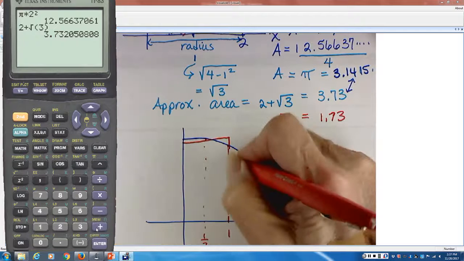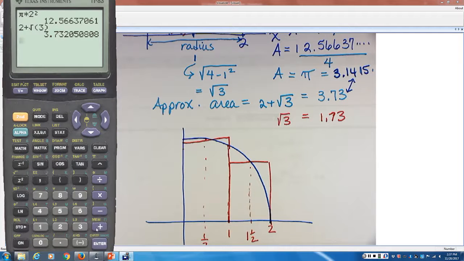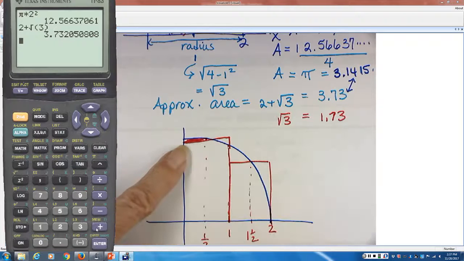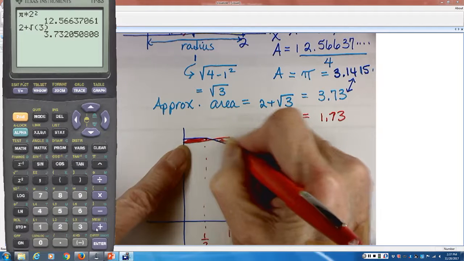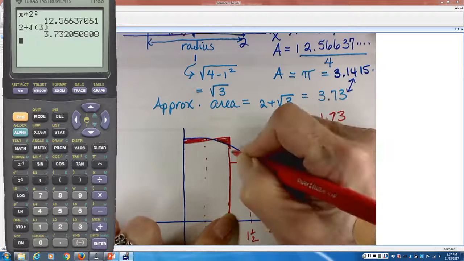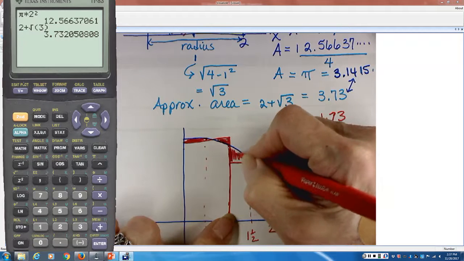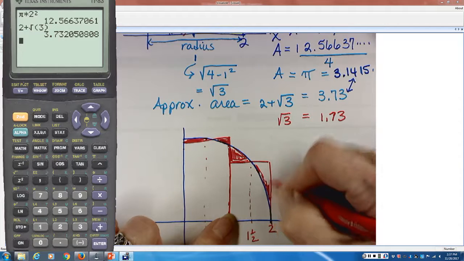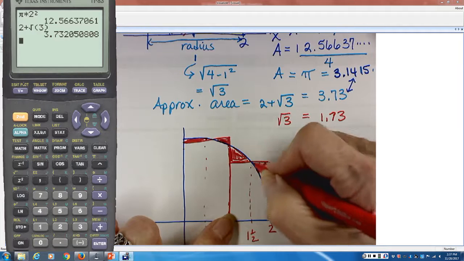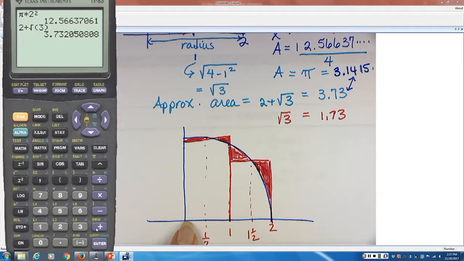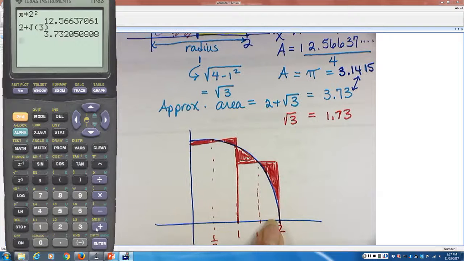So if these were your two rectangles, notice what happens here. You got a little bit of underestimation coupled with a little bit of overestimation. And here you got a little bit of underestimation coupled with a little bit more underestimation. These rectangles are both 1 unit wide, but their heights are different.